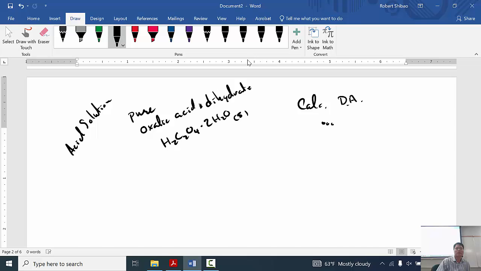And so we do the dimensional analysis calculation, and then we get the grams of oxalic acid. Oxalic acid, I'm going to abbreviate oxac.2H2O. Now, this is a stable hydrate.